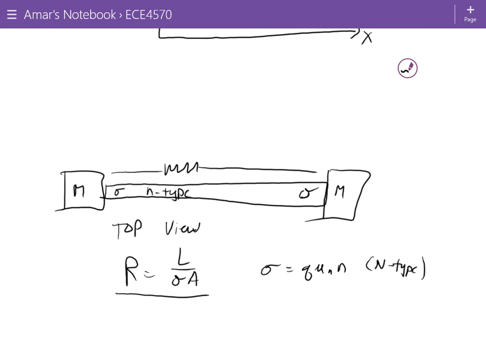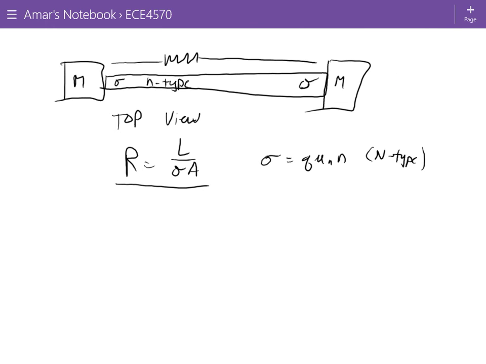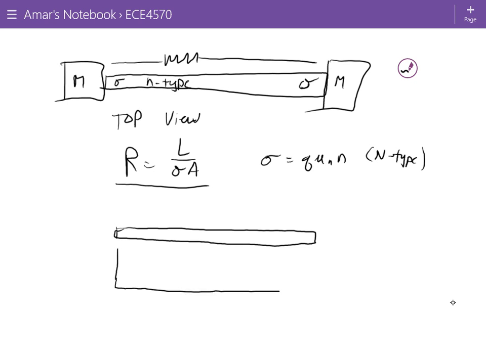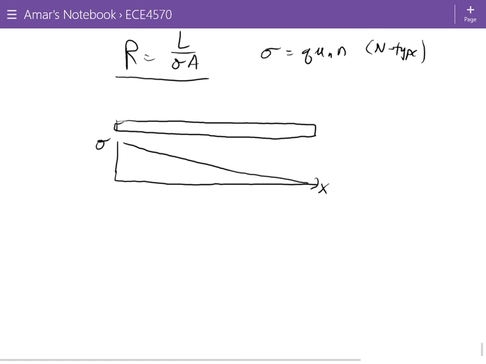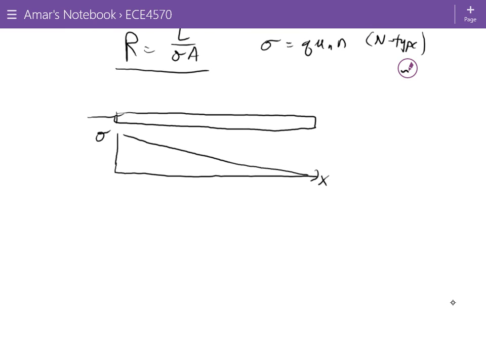The way that integration works, if you remember back to your mathematics classes, the conceptual principle behind it, and I'm applying those concepts to a resistor type problem here, is this. Let's say we have a resistor here, and let's say this is X, and the conductivity goes down as a function of X. One way we can figure out the resistance is by splitting this up into smaller resistances.